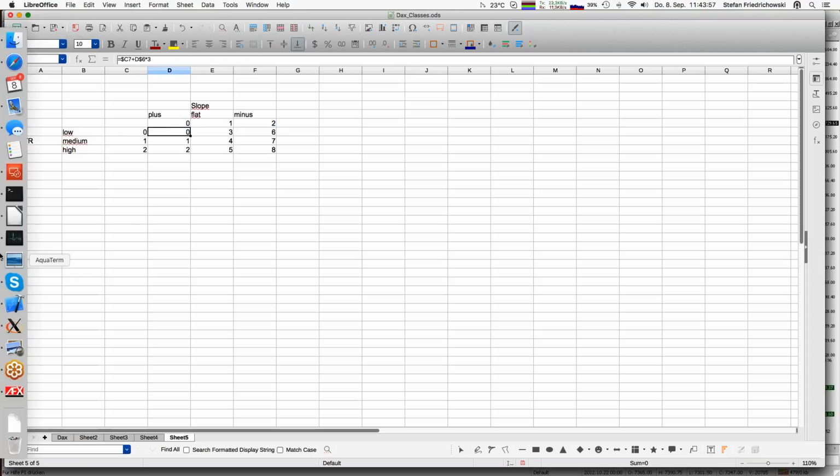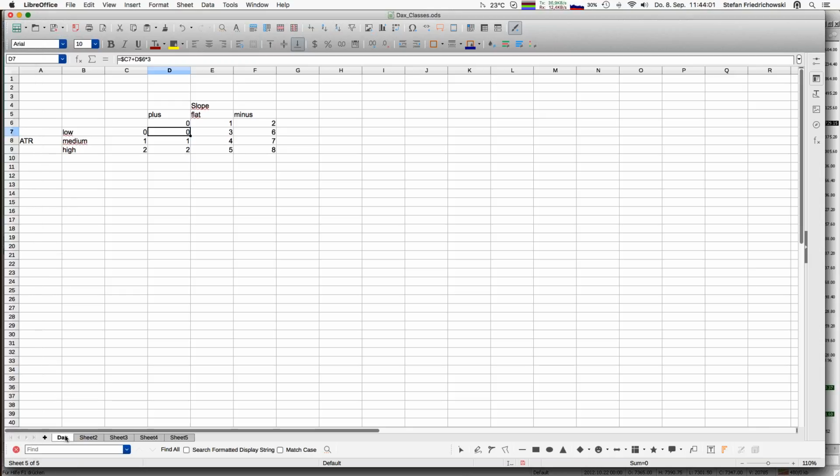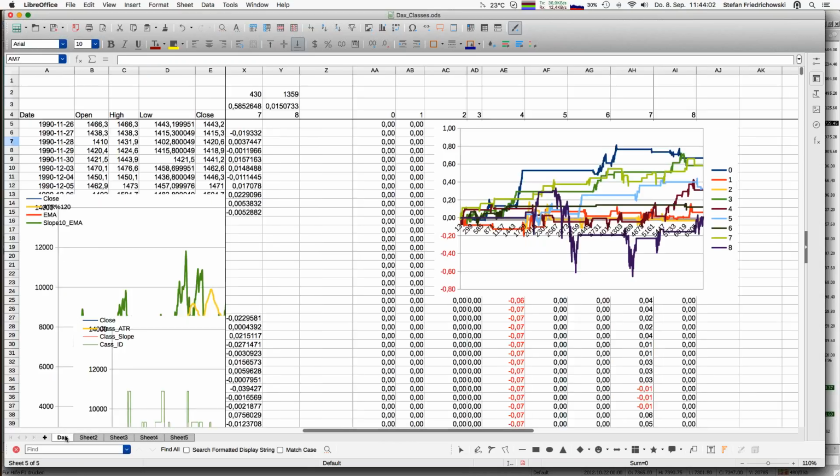And now let me mark those values which have been good. So I know class number 0 is a good long candidate, then class number 3 and class number 7. And let's say medium good, medium profitable would be class number 4 and 5.